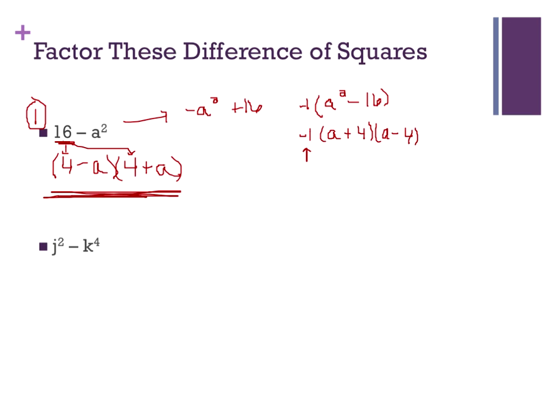Now this second one, is it a difference of squares? Is j squared minus k to the 4th a difference of squares? What do you think? Yes or no?